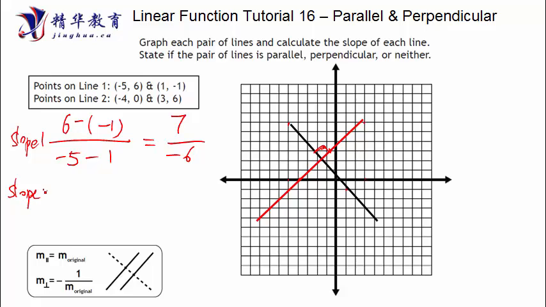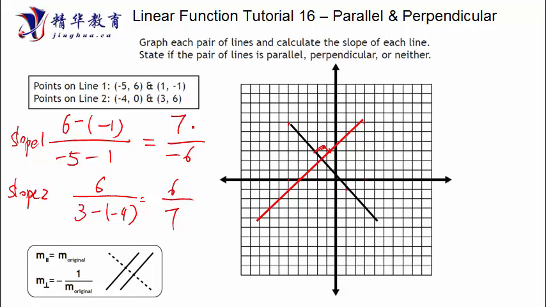Slope 2 is going to equal 6 minus 0, which is 6, over 3 minus negative 4, which is 7, so 6 over 7. Now this time the slope is not the same, but there is a relationship. One is 7 over negative 6, one is 6 over 7.